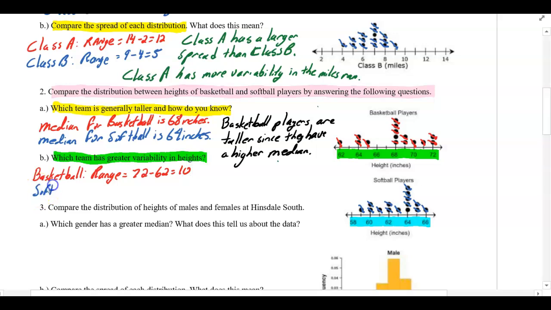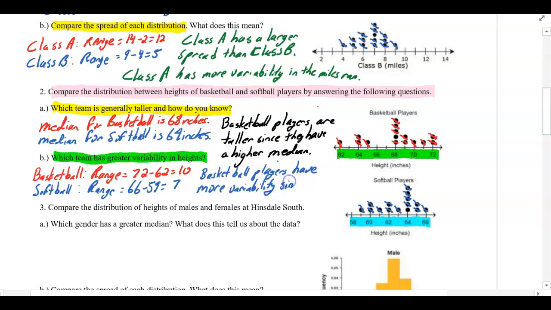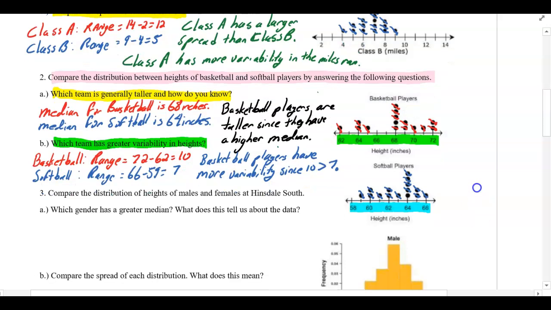For the softball players, the range is 66 take away 59, and that is 7. So the basketball players have more variability, since 10 is greater than 7, or their range is higher.